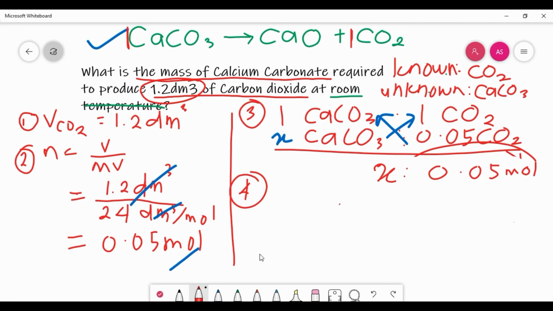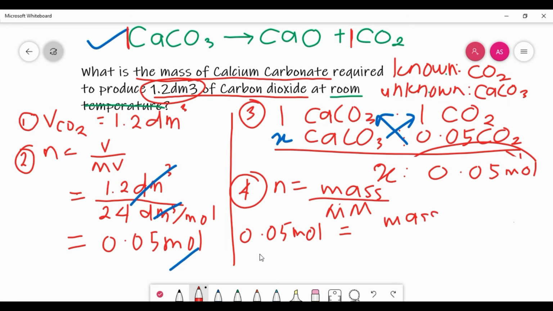Okay. So now, since we have the number of mole for CaCO3, we can use the information to find the mass untuk CaCO3. The formula yang kita akan guna adalah N equals to mass over molar mass. Okay. So, number of mole U adalah 0.05 mole. Equals to mass, the one that we would like to find, divide by molar mass.